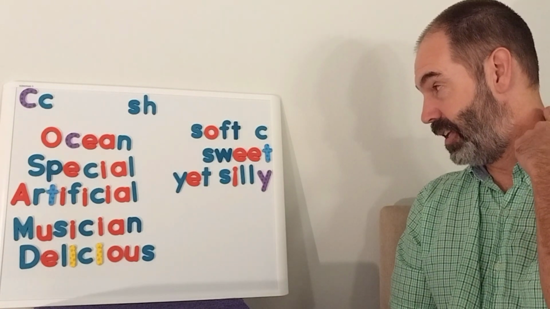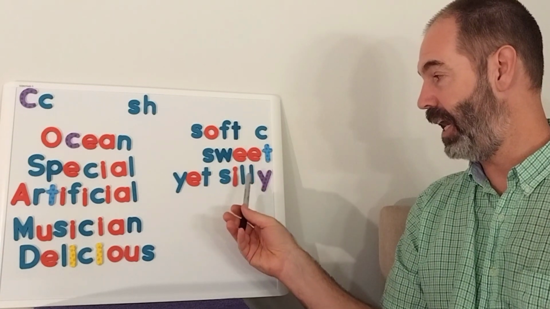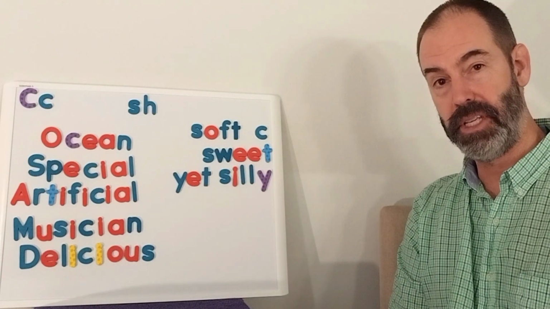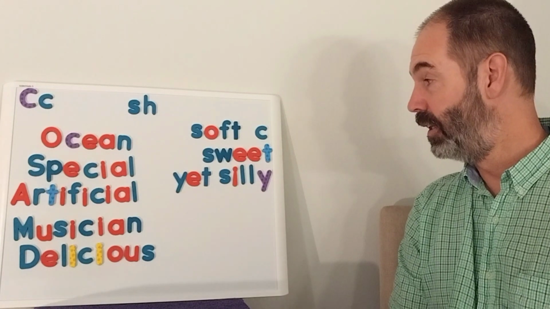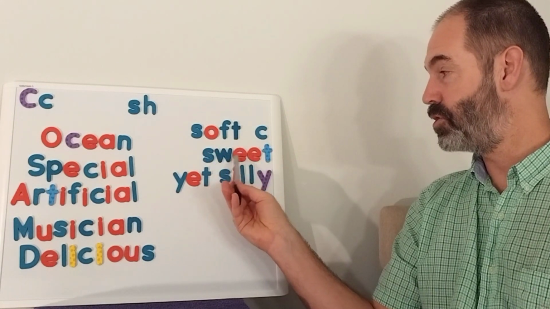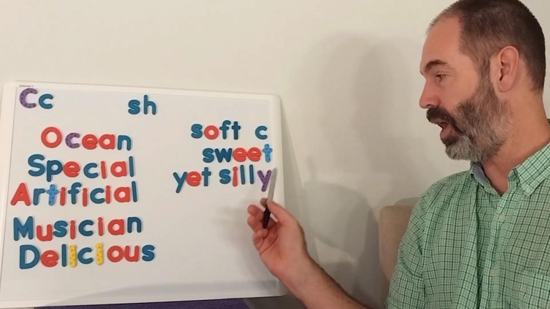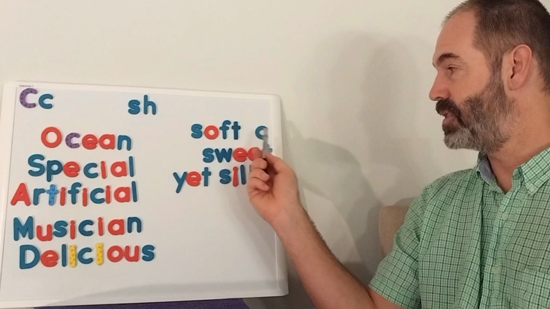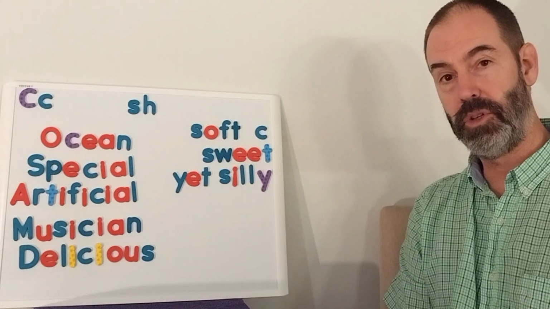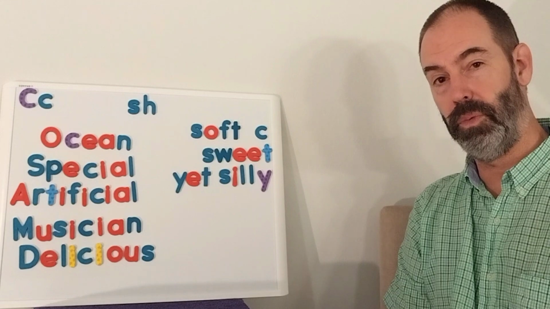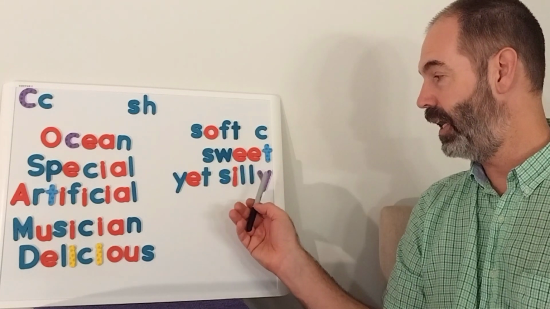Well, the vowels E, I, and Y make the C a soft C if they come after the C. In these words, sweet yet silly, there are E's, I's, and Y's. Soft C, sweet yet silly. This helps you to remember the vowels that make the C soft. They're E, I, and Y.